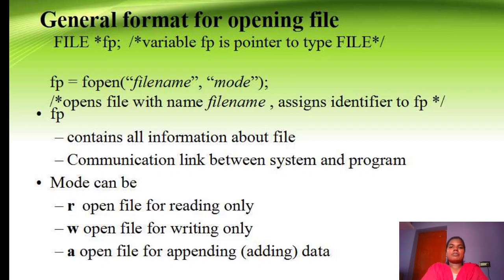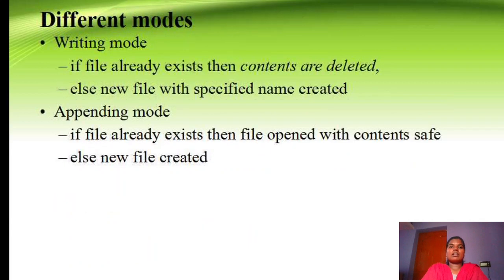It contains all the information about the file, and it is a communication link between the system and the program. The mode can be r, w and a. r means opening the file for reading only, w means opening the file for writing only, and a means opening the file for appending data, that means adding data to the file. Like this we can open any file.